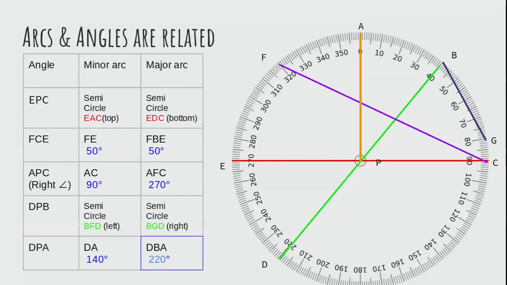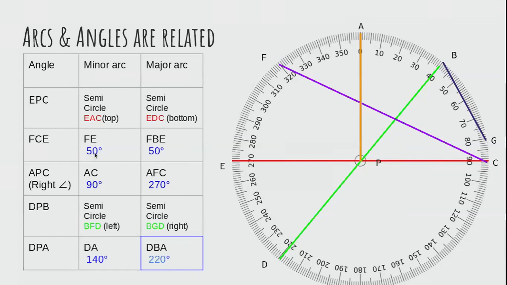Then on this one, this is where we left off last Thursday. These were the angles, the angles that you all picked out in the beginning. From the angles, we named the major and the minor arc that was associated with them. For those that were semicircles, this was the top of the circle, EAC. This was the bottom of the circle, EDC. And we know a semicircle is 180 degrees.